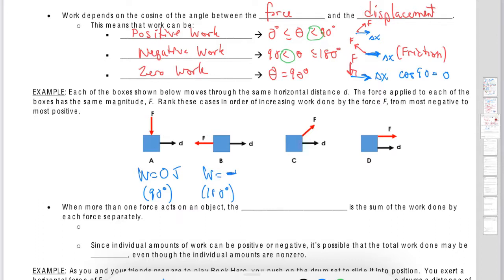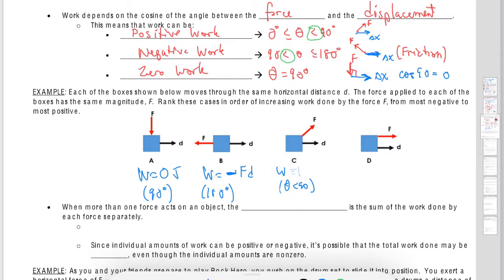It doesn't necessarily mean we need the numbers. If you want to say it's negative Fd. For case C, I have a non-zero angle, so theta does not equal 0, but it's positive. We'll say that theta is less than 90, so I'm still going to do positive work, but it's governed by that cosine formula.